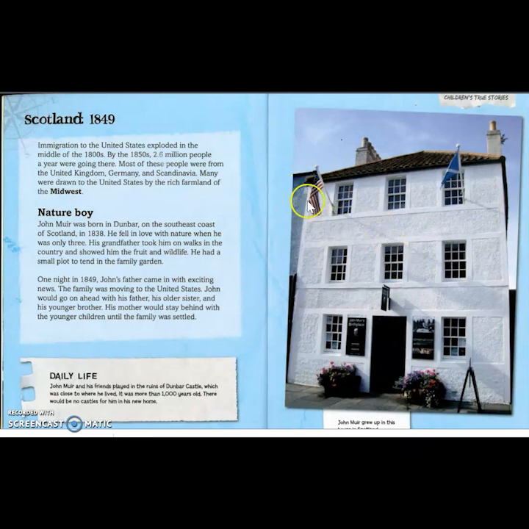So let's get started. We're now back in the textbook, and I know that I have to remind myself about John Muir's journey over here to America. And I know that right here in this section of the text, they're giving us an introduction, who he was and where he came from.